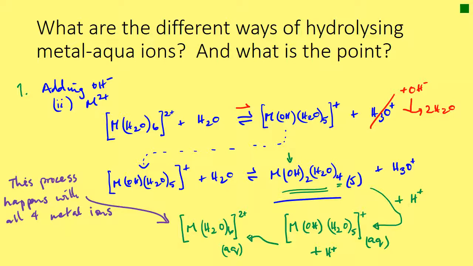So our copper 2+, our iron 2+, our iron 3+, and our aluminium 3+. This process happens with all of those and gets back to the metal aqua complex.